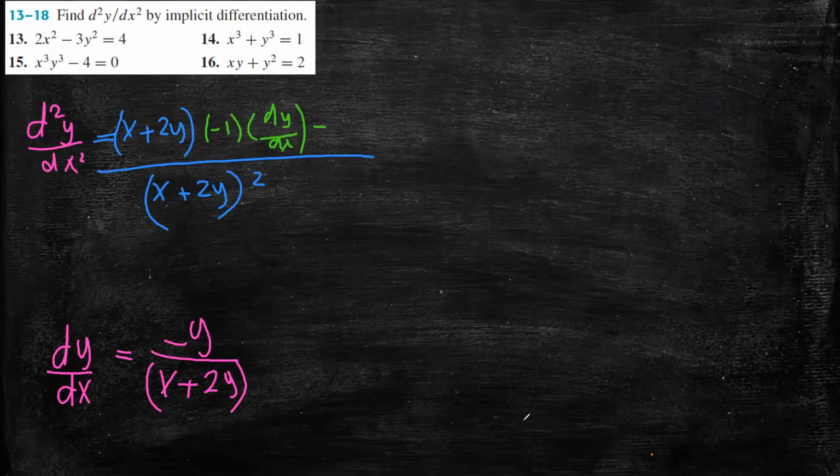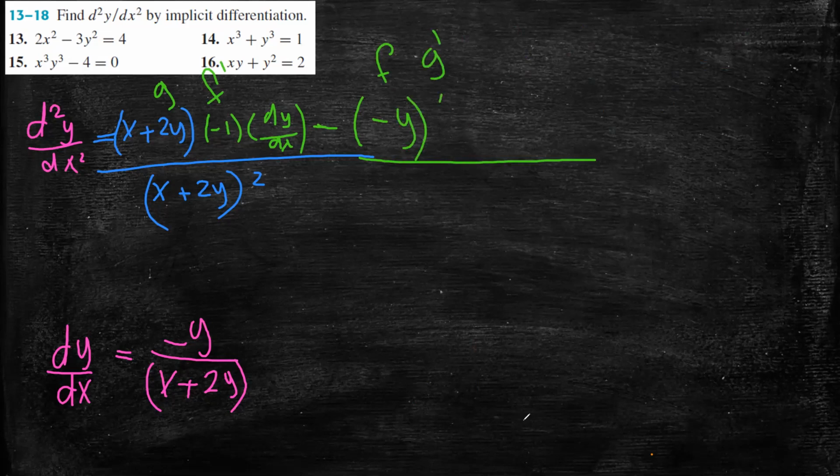Or we say g f prime now minus f g prime. Where's f? It's negative y times, what is the derivative of x plus 2y? It is 1 plus 2 dy over dx. Thank you. Teacher, isn't it 2 dy over dx?